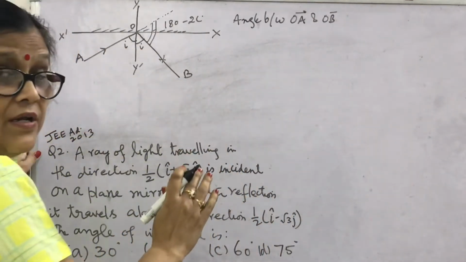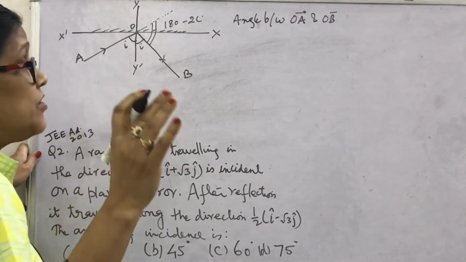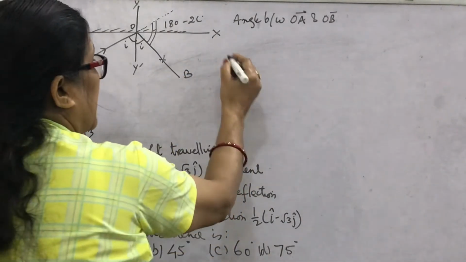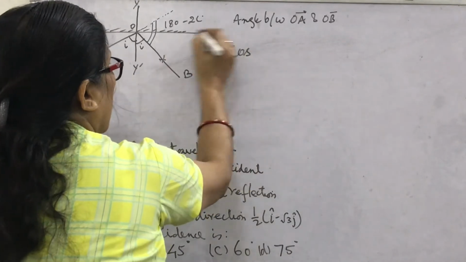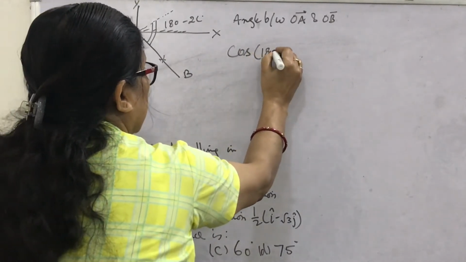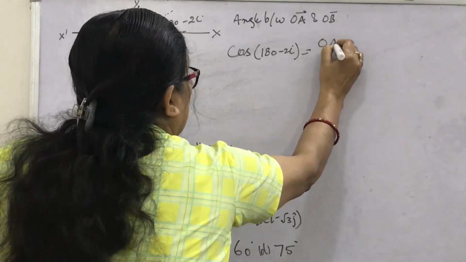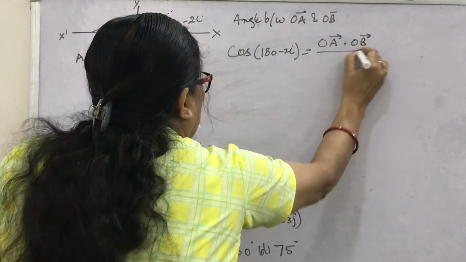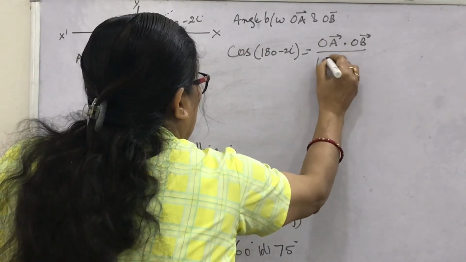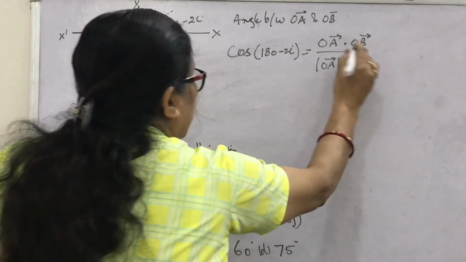how will you find it? Use the dot product here. You know, the dot product is given by the cos of the angle between two vectors, that is 180 minus 2i, which will be equal to vector OA dot vector OB upon magnitude of vector OA into magnitude of vector OB.